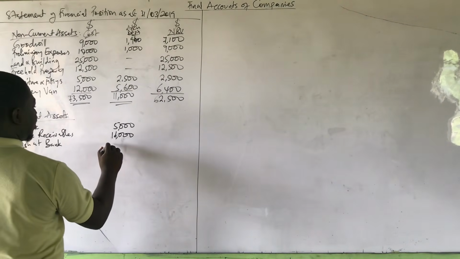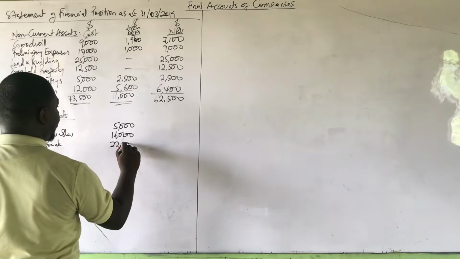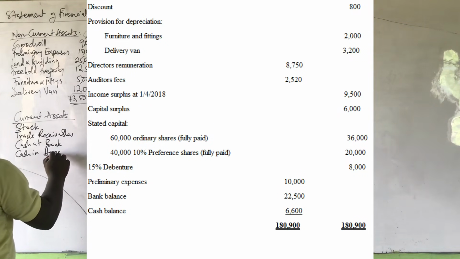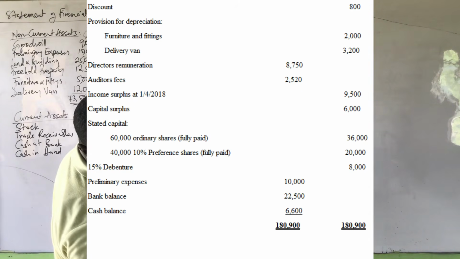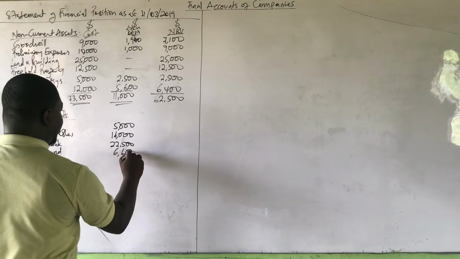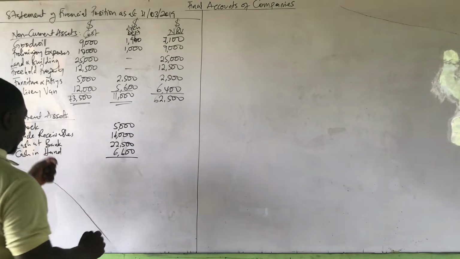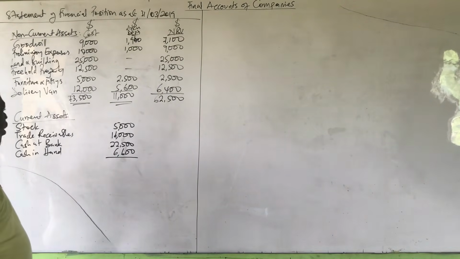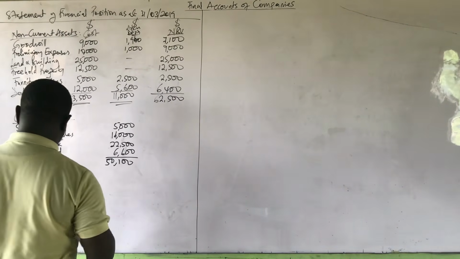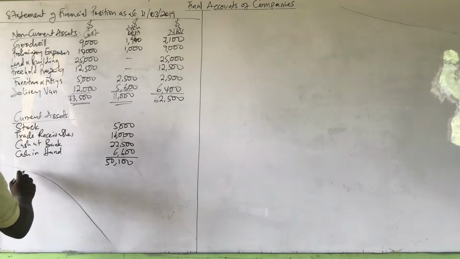The value for cash at bank was 22,500, and there was a cash in hand balance. The value for cash in hand was 6,600. So when we add these four up, we have our total current assets, which is 50,100 Ghana cedis.